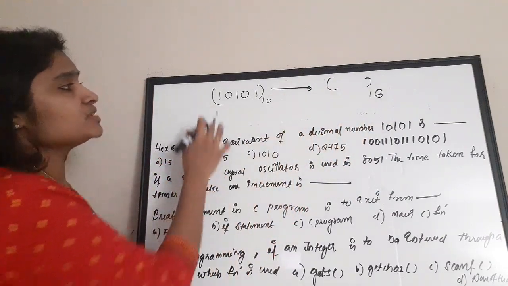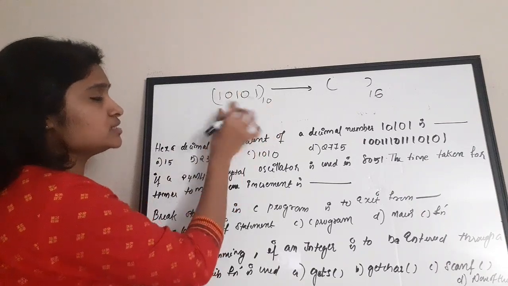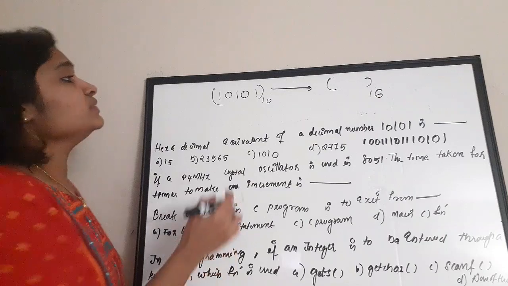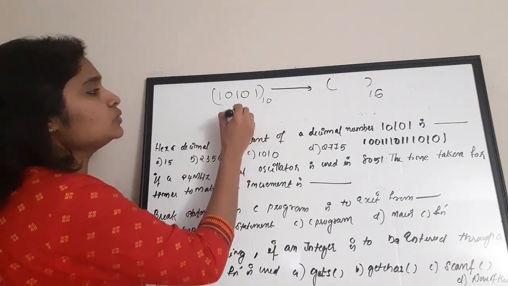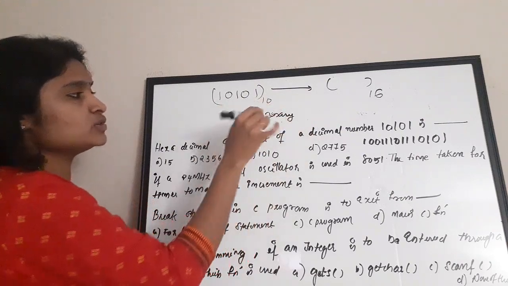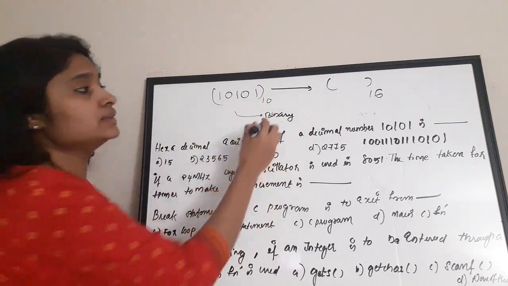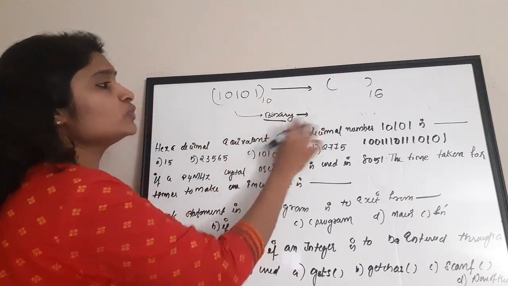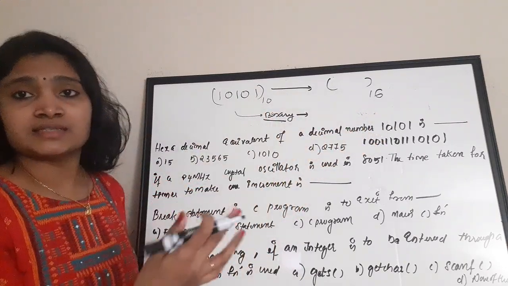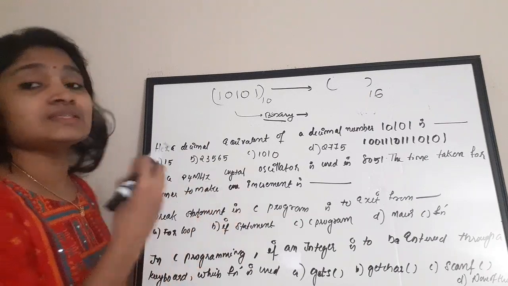The easiest way is to convert this number to binary by dividing by 2, then take groups of 4 bits each and write the corresponding hexadecimal equivalent.